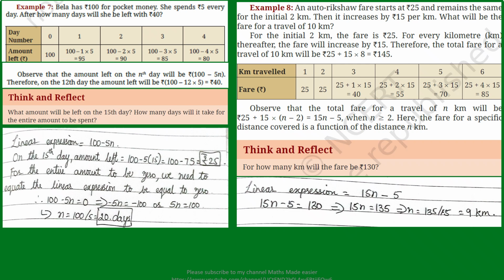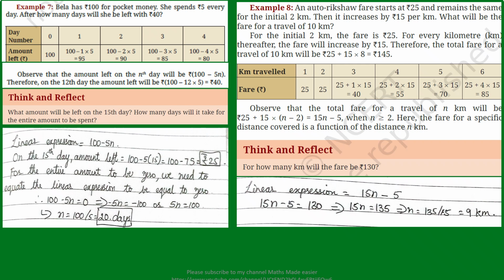But it doesn't satisfy the stages 1 and 2. So you call it a function where the rate is dependent on the kilometers, provided one more condition is there, n is greater than or equal to 2.